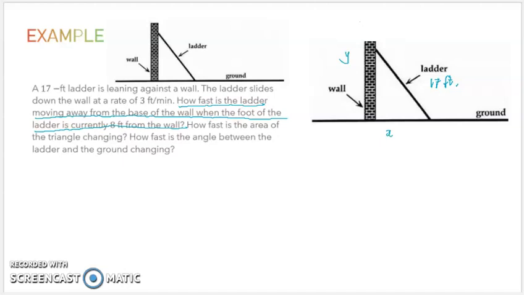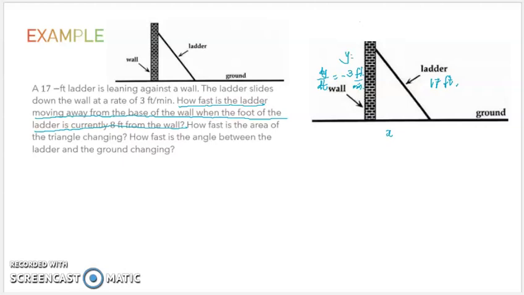So the rate of the ladder sliding down the wall will be dy/dt. And if the ladder is sliding down the wall, we can say that the length of y is decreasing. So we have negative 3 feet per minute. So we use negative.